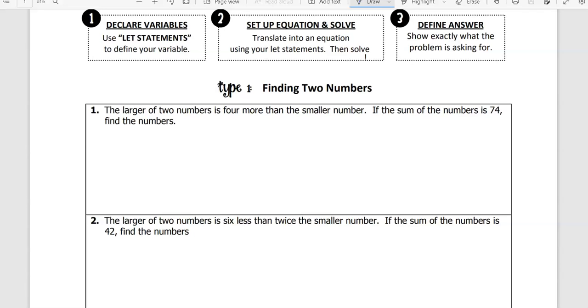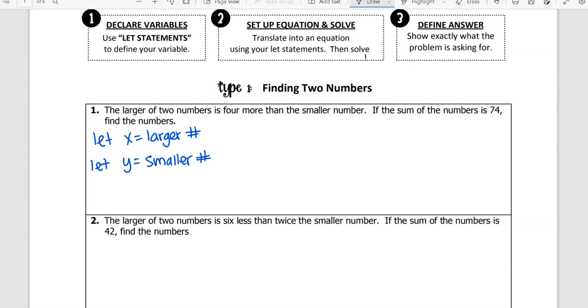So we're going to let x be the larger number, and let's use y for the smaller number. So those are our let statements: let x equal the large number, and let y equal the small number.